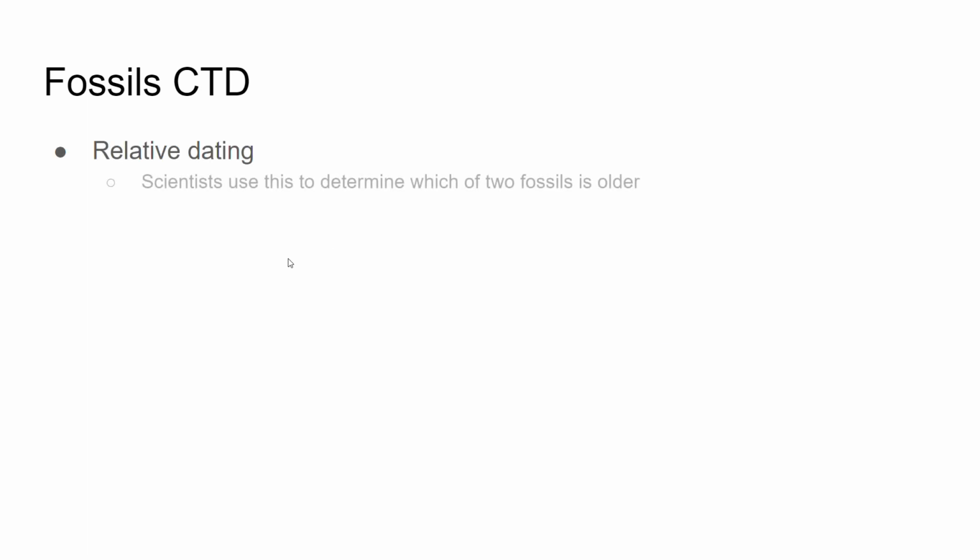So relative dating, again, scientists use this to determine which of two fossils is older. It's not going to give us an exact year, but if they know the exact year of the one above it and the exact year of the one below it, they can get a really good range as to what age it is. It can only be used when it's an original sequence. Oftentimes, we have this issue where we'll have fault lines and plate boundaries where the sequences will get messed up.